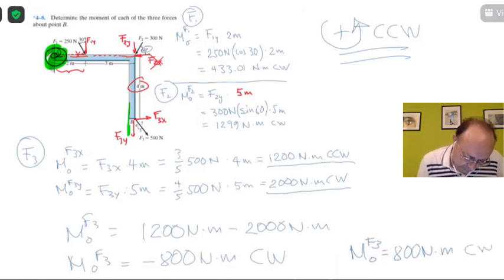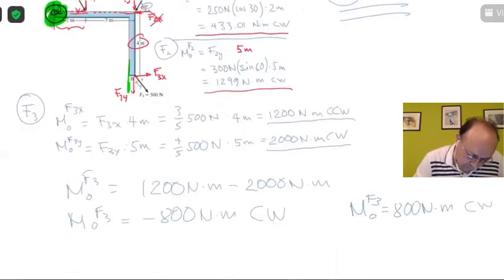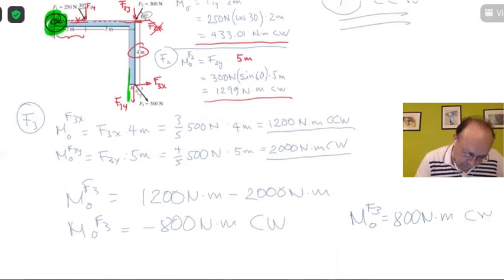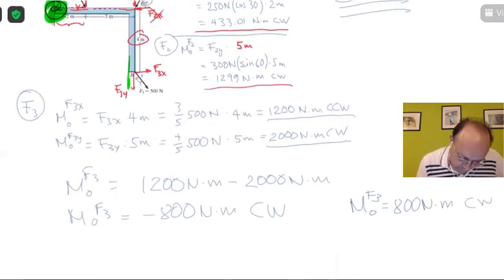And then we have the other two answers from here and from here. So we have here moment F1 with respect to O equals 433 newton meters clockwise.